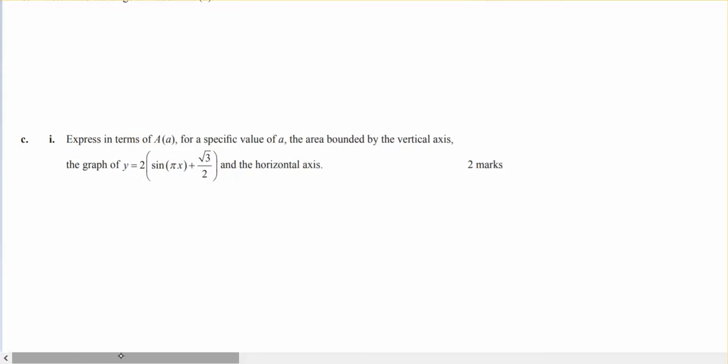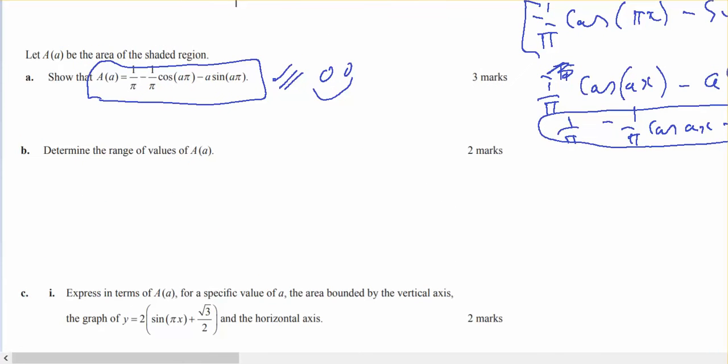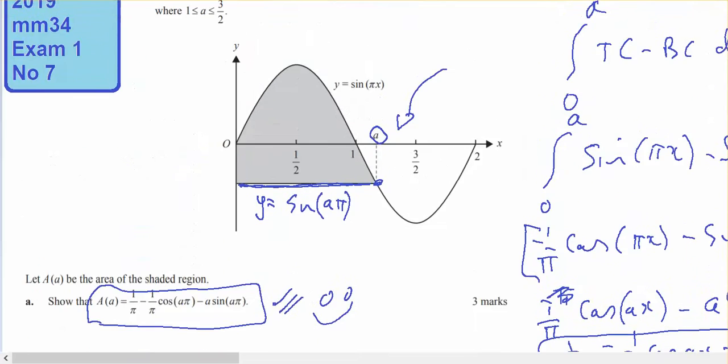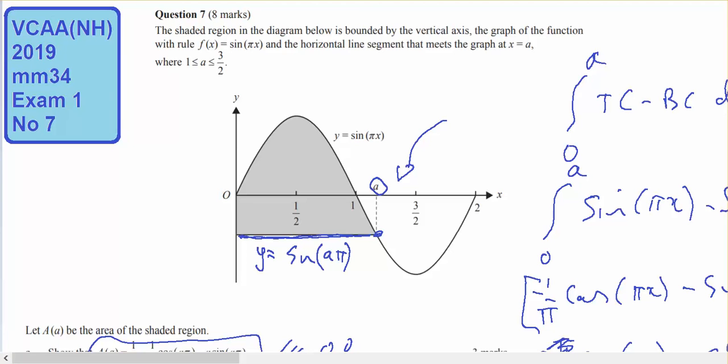So part B says determine the range of these values. Okay, the range of these values. A only goes from here to here. So when a equals 1, the area is going to be this, and that will be the smallest value of the area.